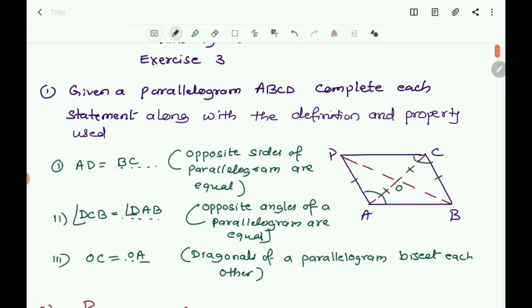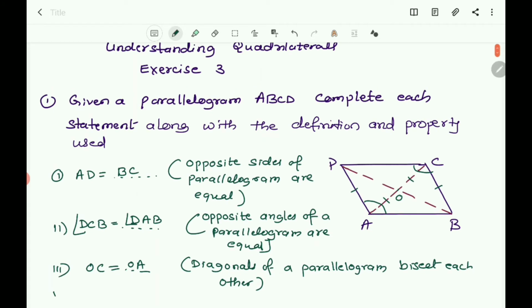Next one, it is the fourth one here. Measure of angle DAB plus measure of angle CDA. Here DAB is this angle and CDA is this angle. You know that they are adjacent angles or consecutive angles.